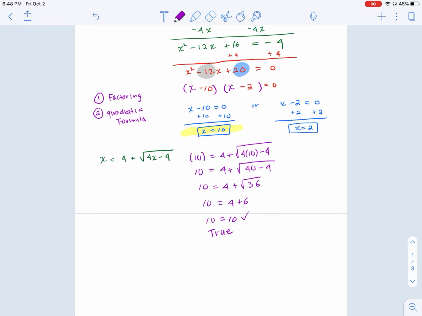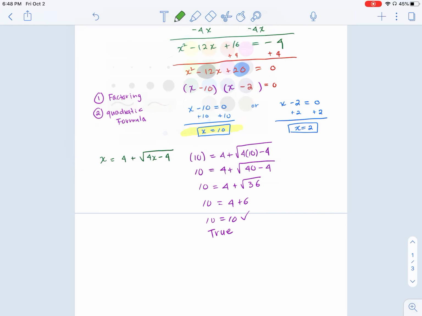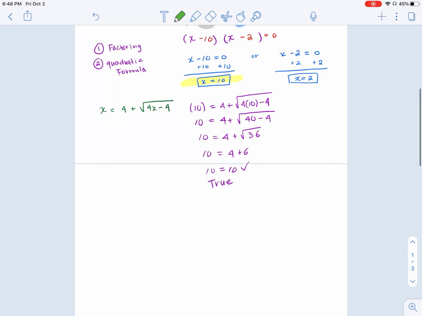And then now we're going to check x is equal to 2. So let me just choose a different color. Let's go with green. So this time, from this equation, every time I see x, I'm going to replace it with 2.